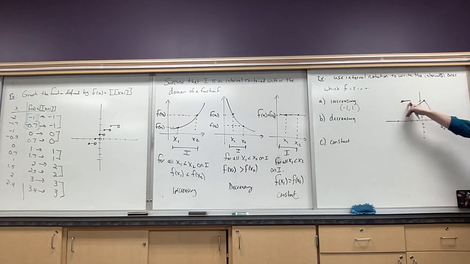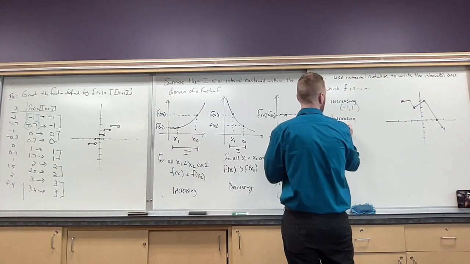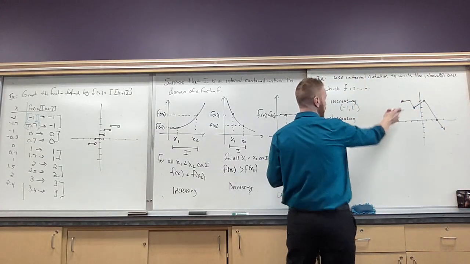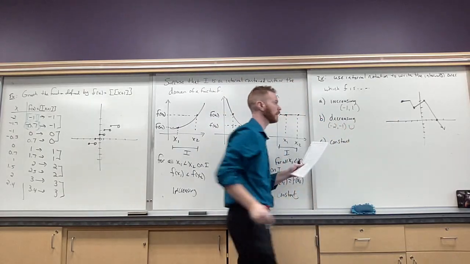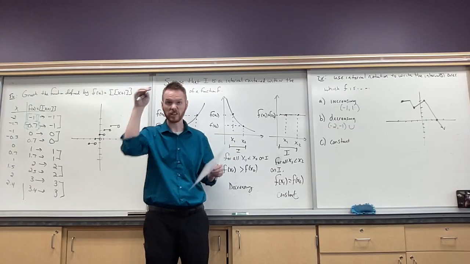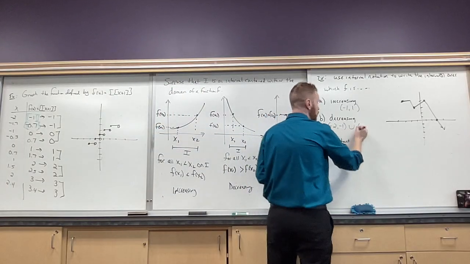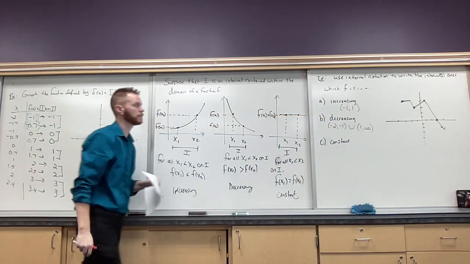We have this spot where it's decreasing and this spot. So this is going to be one of those union intervals. Okay, so it's going to be decreasing from -2 to -1. That's the first little decrease. Union, okay, well, it's going to be what? After 1, it's just going to continue to decrease infinitely. So it's going to be 1 to infinity. So that's where the function's decreasing.